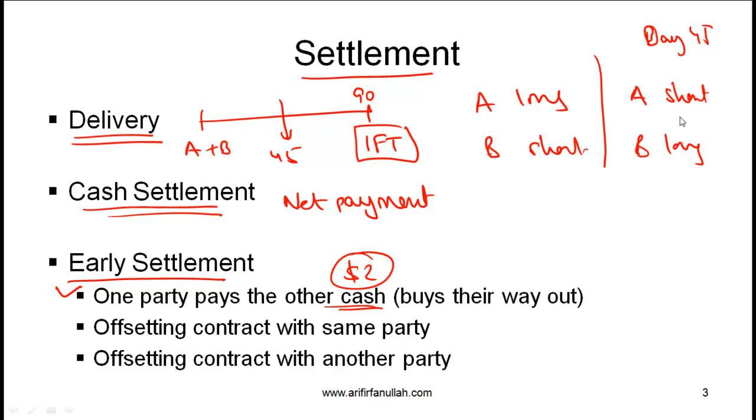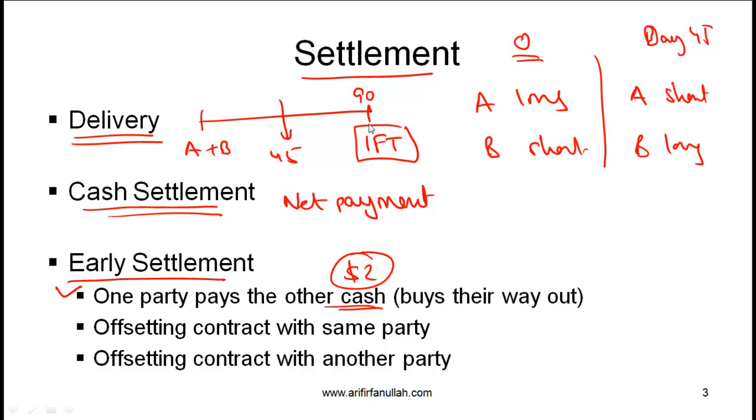So here both parties have taken an opposite position, so essentially this contract is closed out. Why? Because according to the original day 0 contract, A was supposed to buy the asset, but on day 45 A is essentially selling the asset back to B.